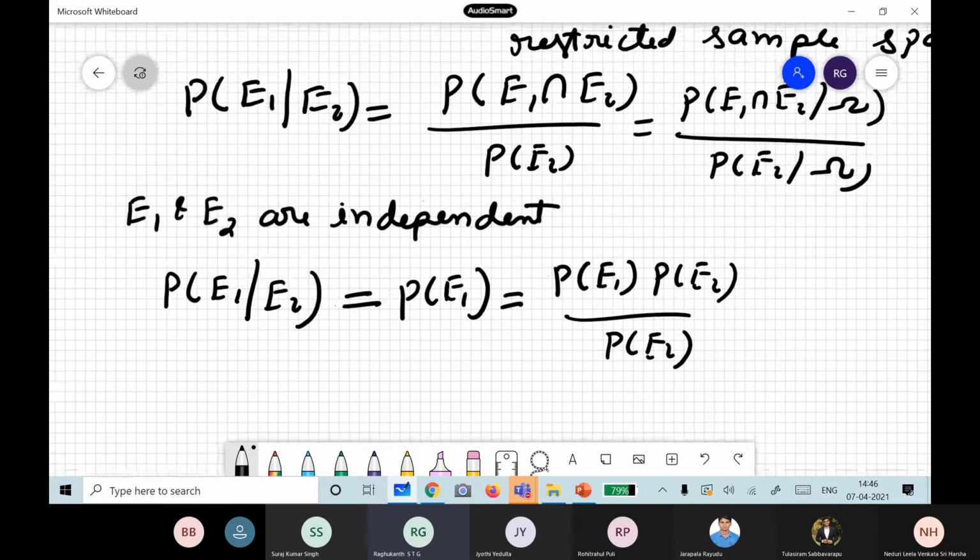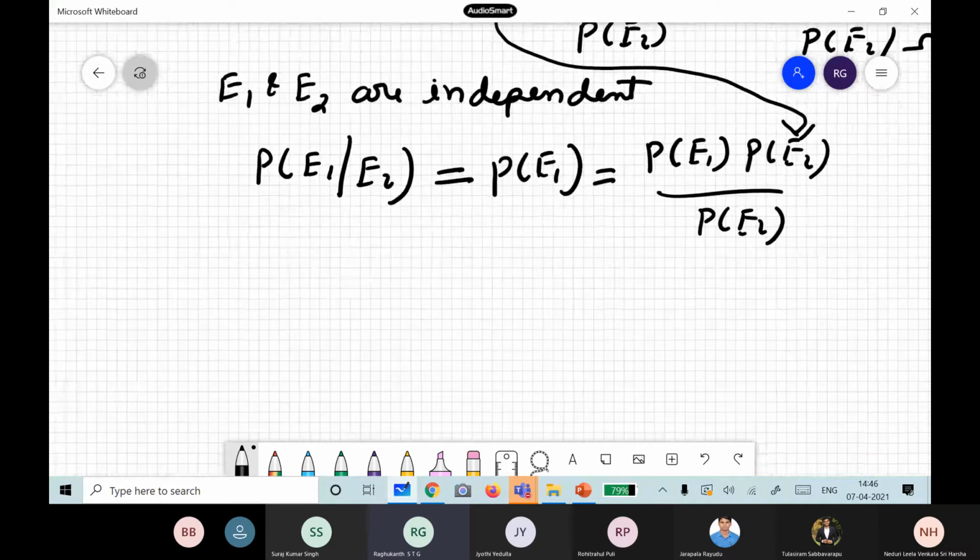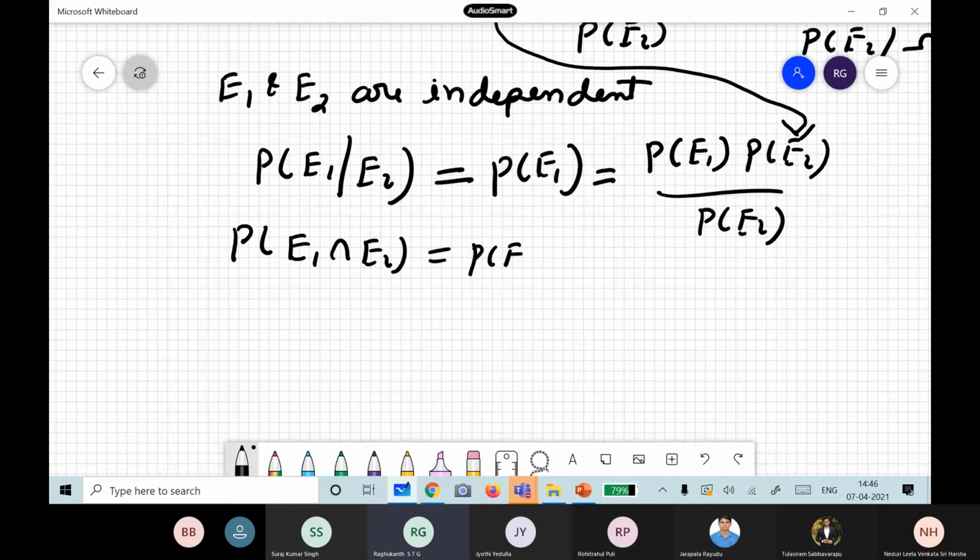In terms of the other expression, it is P of E1 multiplied by P of E2. That means your probability of E1 intersection E2 is nothing but P of E1 multiplied by P of E2. Then we call them independent events.